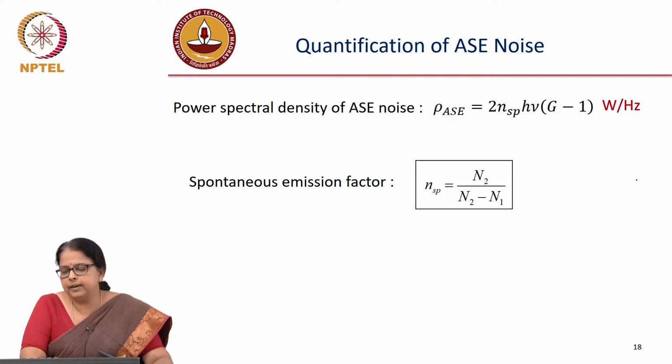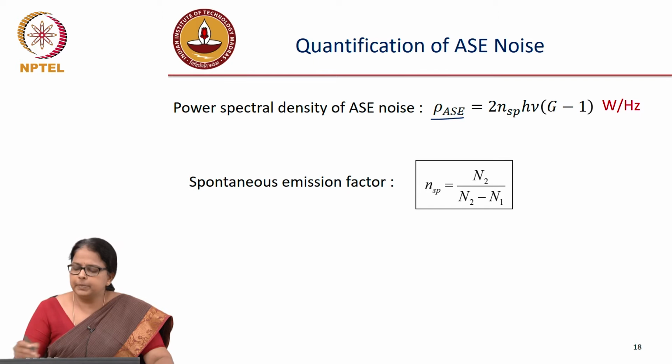So, how do you quantify the ASE noise? The quantification is through the power spectral density, and it is also considered to be a white noise. So, you can talk in terms of the PSD, and the PSD is represented as rho ASE. Rho represents the power spectral density of the amplified spontaneous emission noise. Not deriving this, but it is not too complicated to derive.